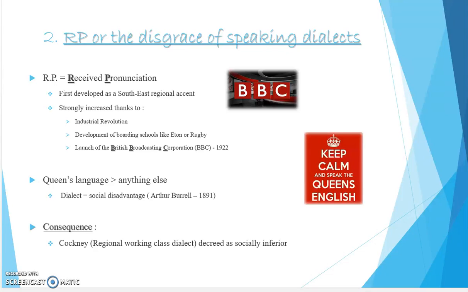Moreover, RP was also seen as the language used by the Queen, and therefore, as the Queen spoke it, everyone else also had to. And speaking dialect was considered a social disadvantage. As a consequence, Cockney, a regional working class dialect, was decreed a socially inferior language.